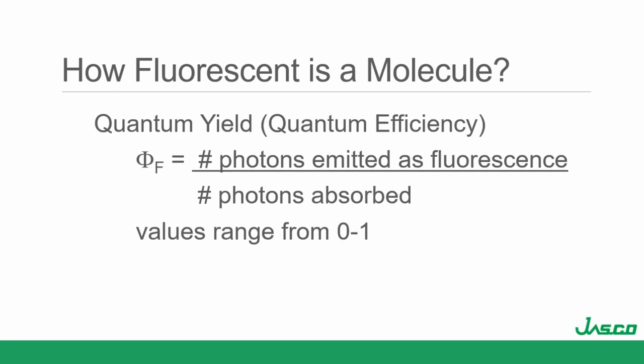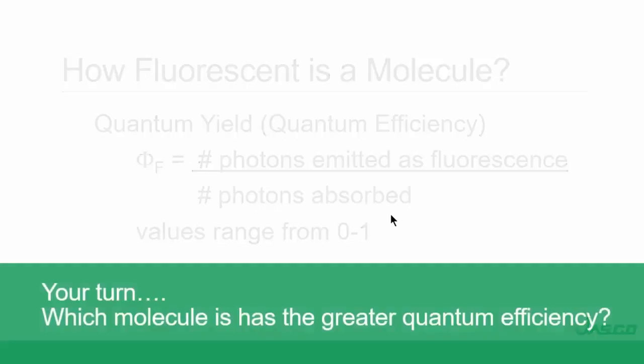So if it's 0.9 and we have 100 photons that are absorbed, we'll have 90 photons emitted as fluorescence. So we ideally would like to choose probes that have high quantum efficiencies, and the probe designers and the chemical companies really work to achieve that as one of the features.